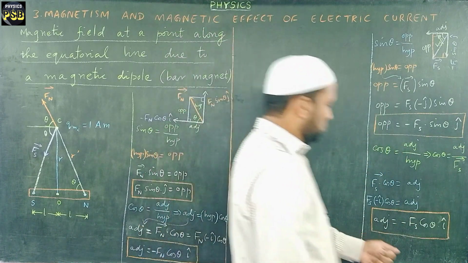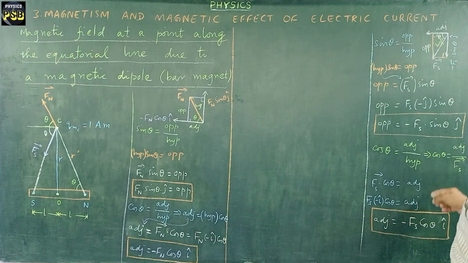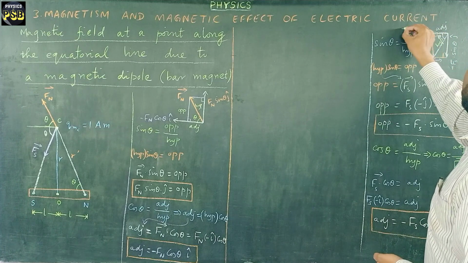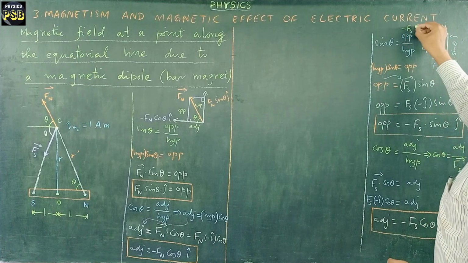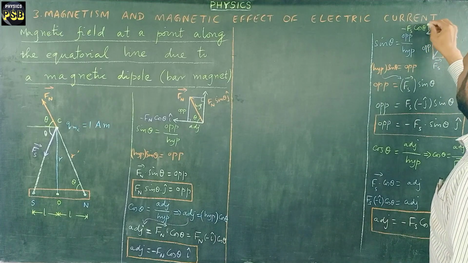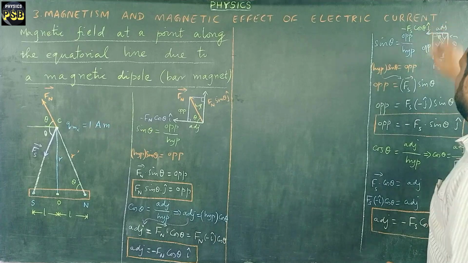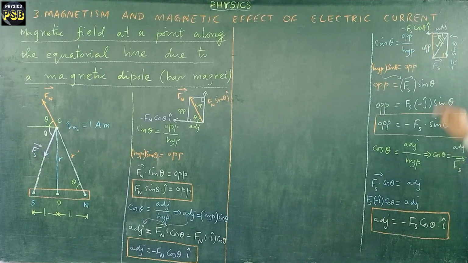Fine. Now I'm going to write this one here. Minus Fs cos theta multiplied with the i cap. Clear? This is the horizontal component of Fs vector.